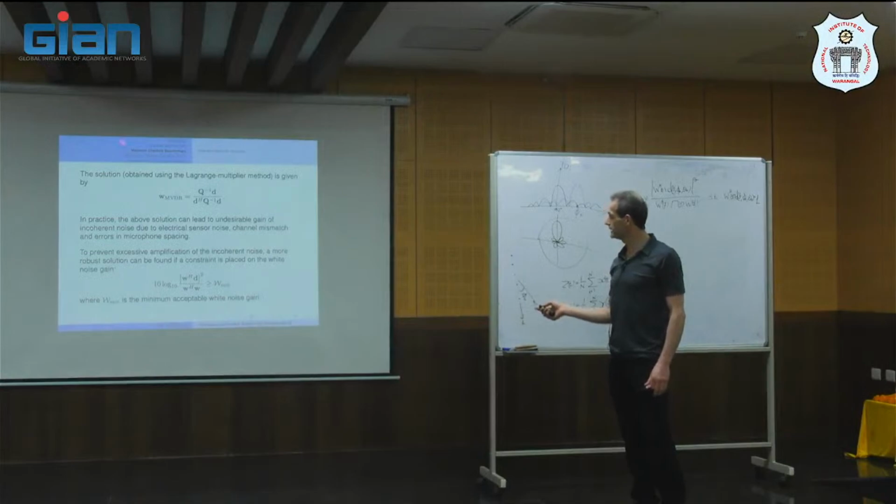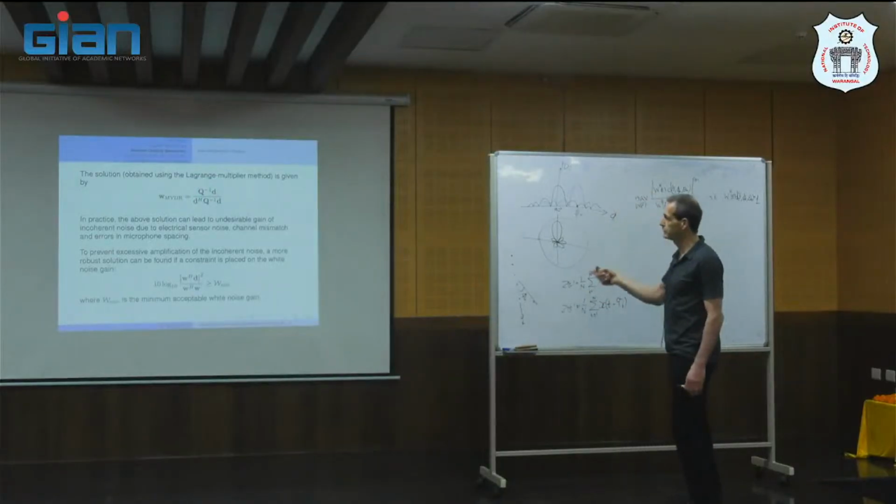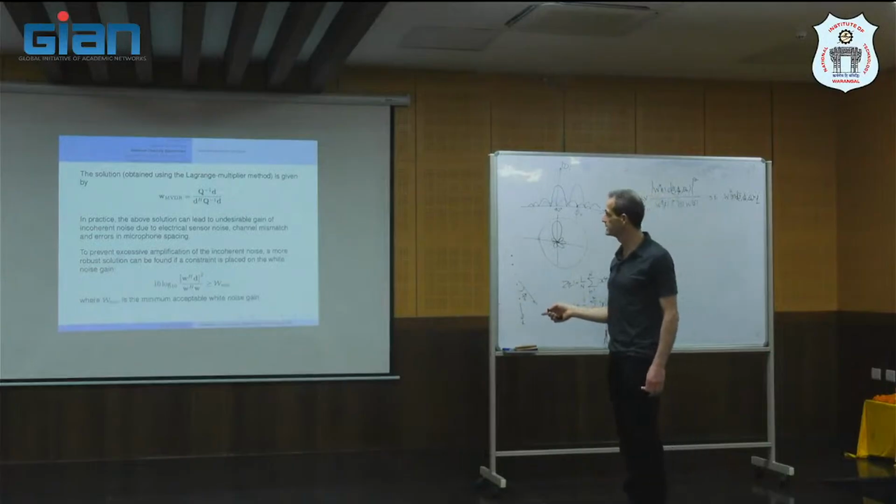So the solution for this problem, the weight, you see this is the solution, Q^-1 D over D^H Q^-1 D. So D is what we have here. This is D, the propagation vector or steering vector for the direction of the desired source. And Q, we assume that we measure it or we estimate it.